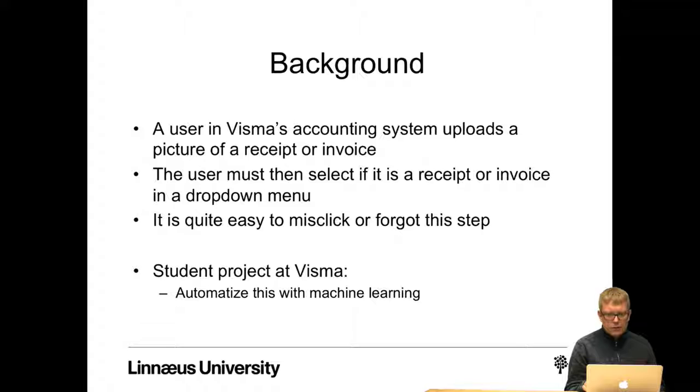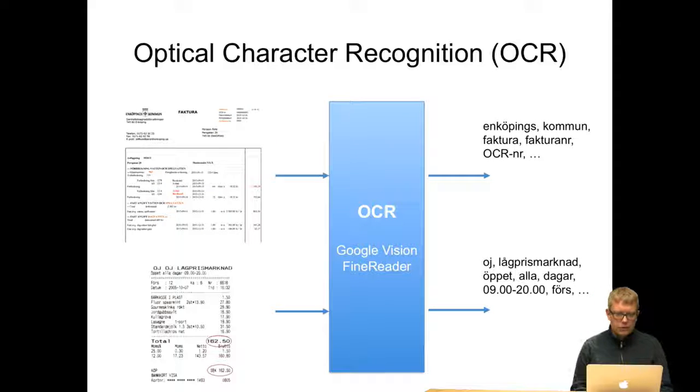To do this, the first step was to use an optical character recognition system, because we have an image of a receipt or an invoice, and we need to find the words, the bag of words, in these images. As OCR we can use, for example, Google Vision or FineReader. In this case, the students used FineReader, and we get a bag of words out of these images.